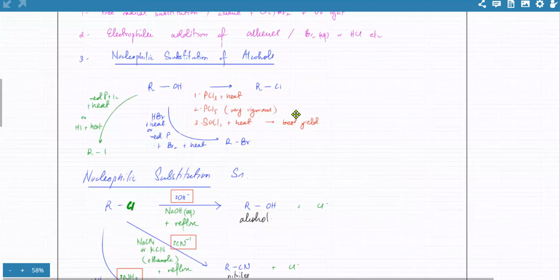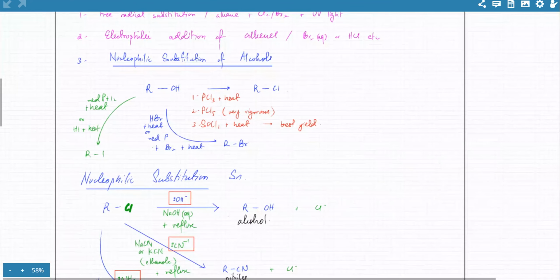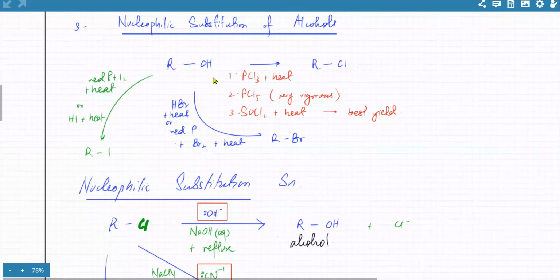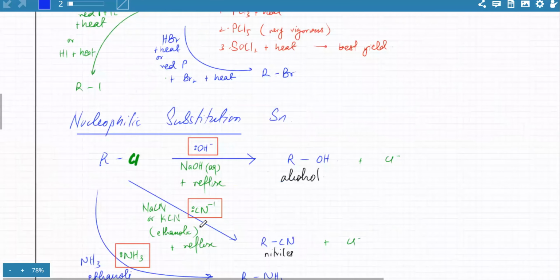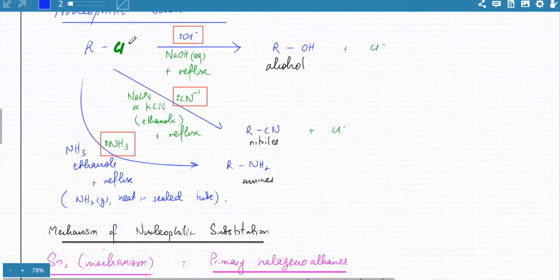The reactions that halogenoalkanes underwent: you had the reaction in which alcohols would change into halogenoalkanes. This is just revision. And then you had nucleophilic substitution reactions, where if you have a halogen, it's going to get substituted by either OH or CN or NH3, and the relevant conditions are given.